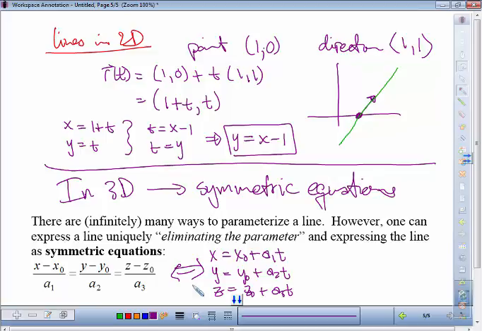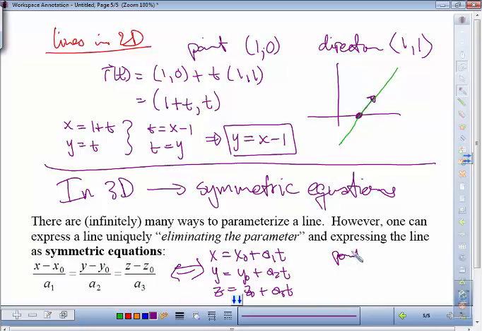Okay? Lauren. And the point A1 is a point A, and it's the x, y, and z components of it? No, the point is x naught, y naught, z naught, and then a1, a2, a3 is the direction. Okay. So let's make that clear here.